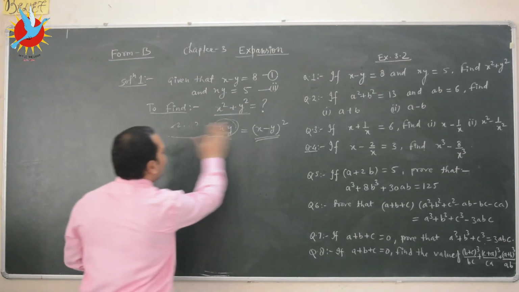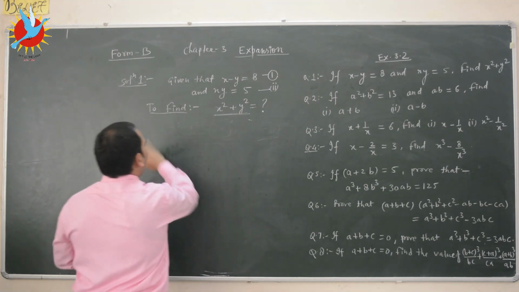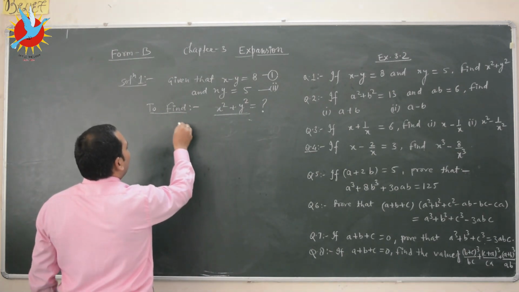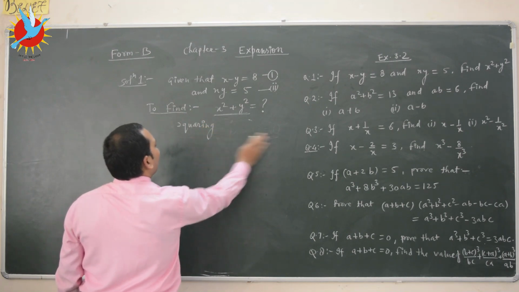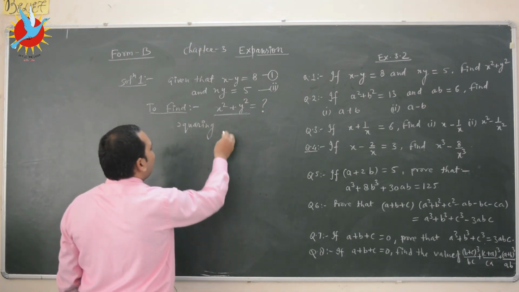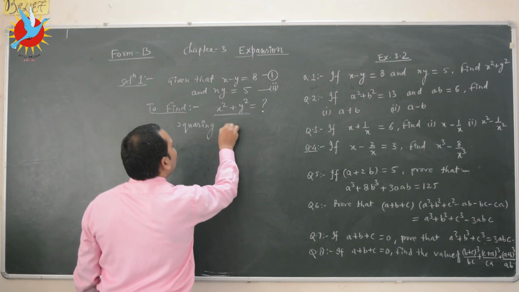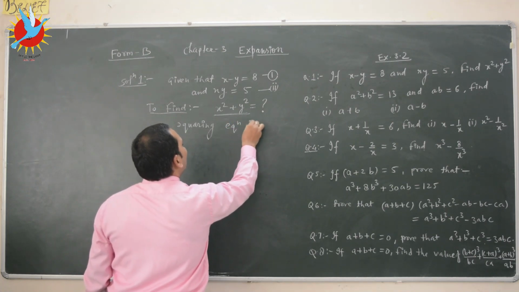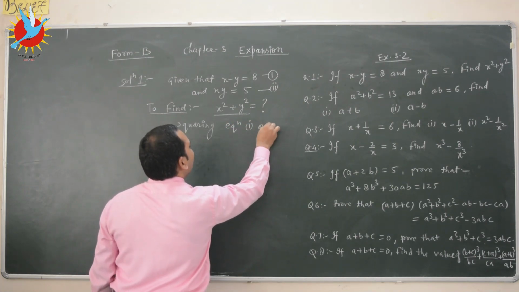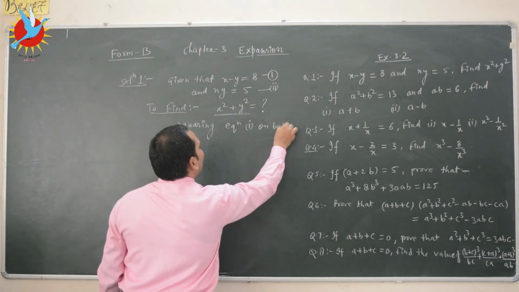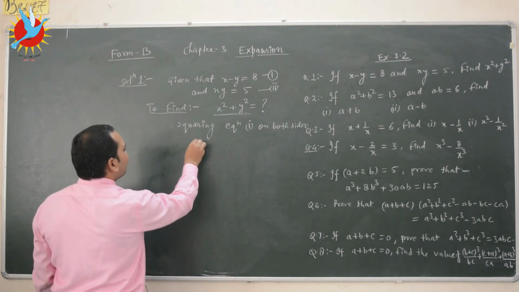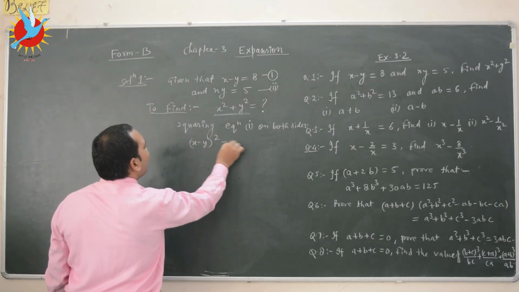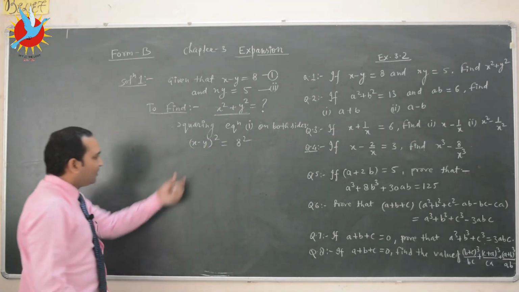So we write here: squaring equation first on both sides. So x minus y whole square is equal to 8 square.